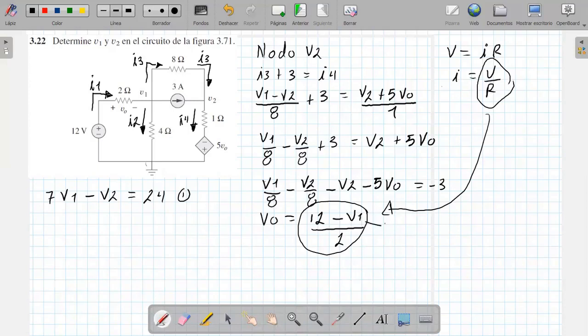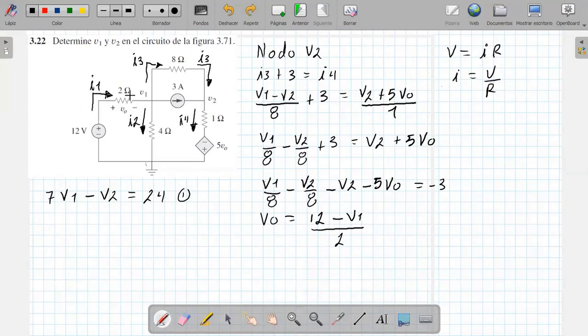What is above is the voltage and what is below is the resistance. So, the current that passes through this resistance represents the I1. But for me to determine the voltage, it has to be multiplied by the same resistance.